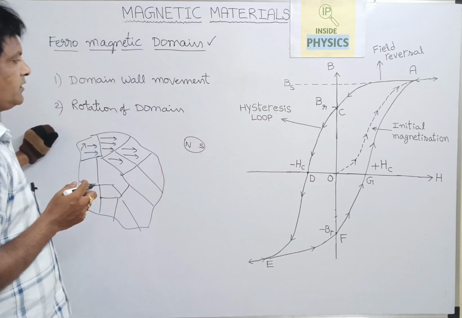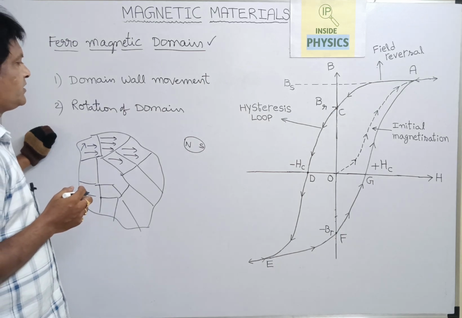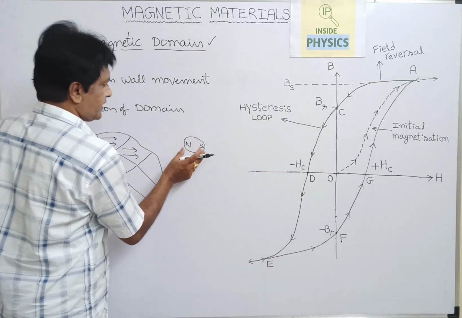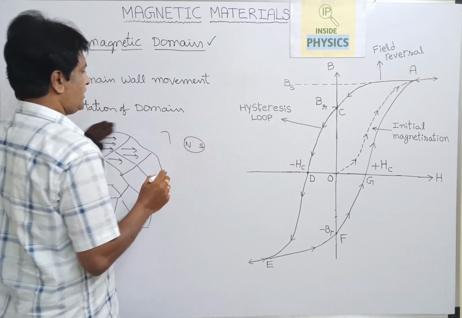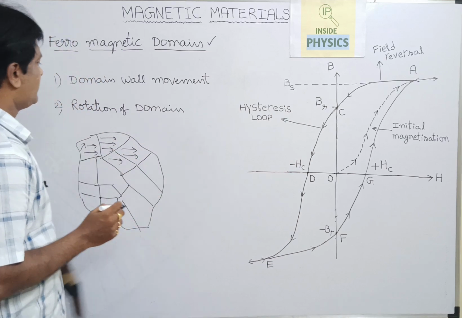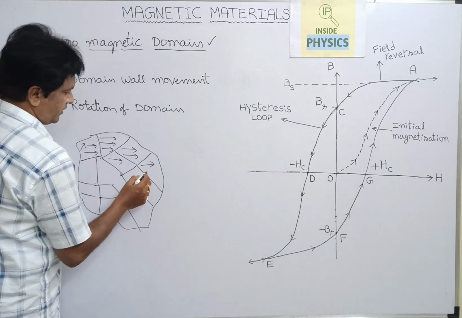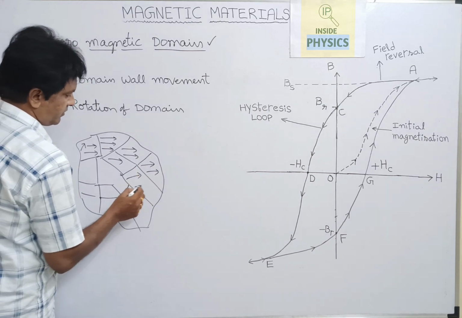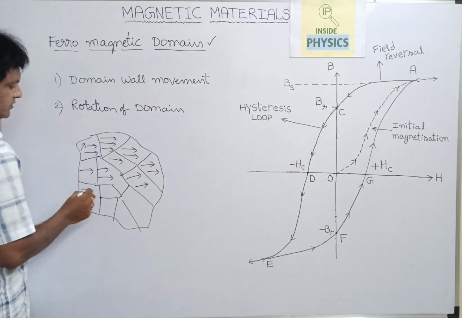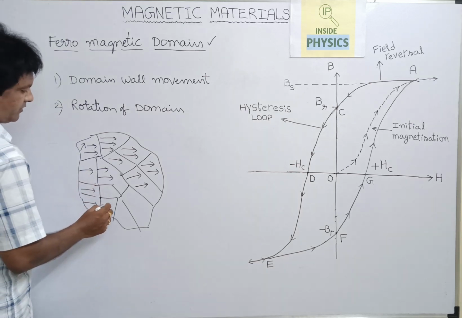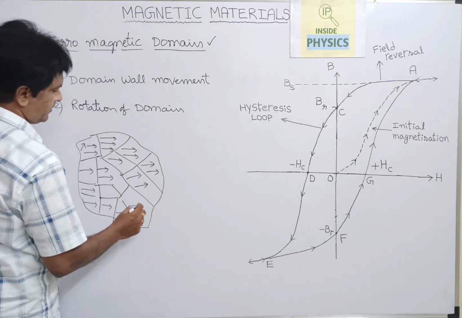That is the orientation in which the magnetic dipole is oriented along the direction of the magnetic field. So we can picture what is going on inside a ferromagnetic material. This is what happens after the complete magnetization.